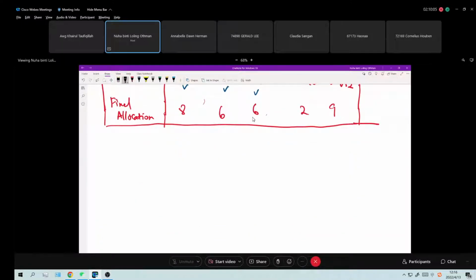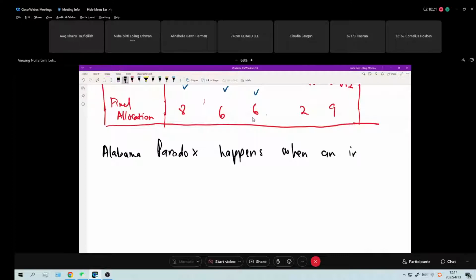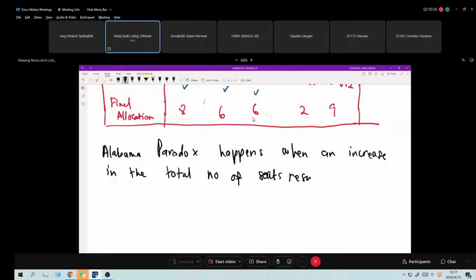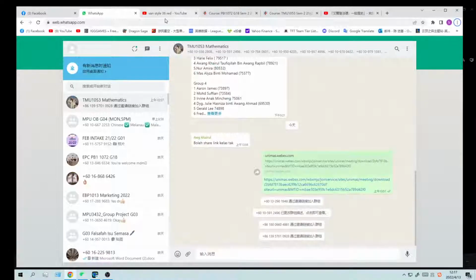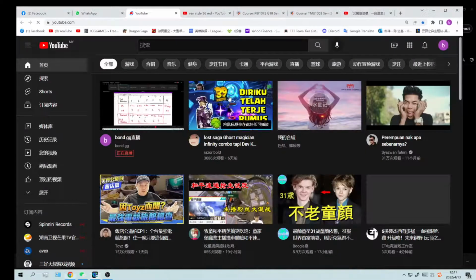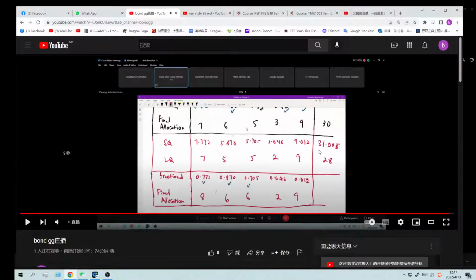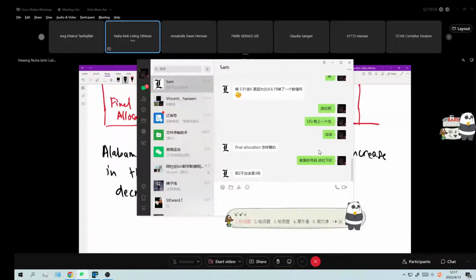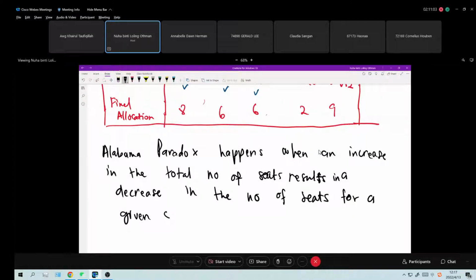The Alabama paradox happens when an increase in the total number of seats results in a decrease in the number of seats for a given state.